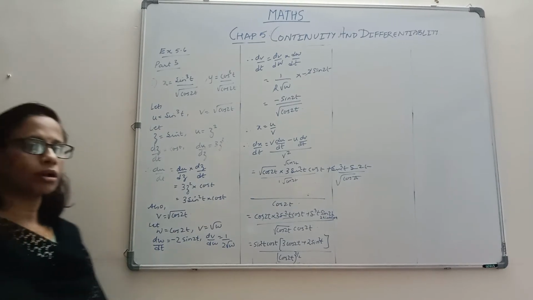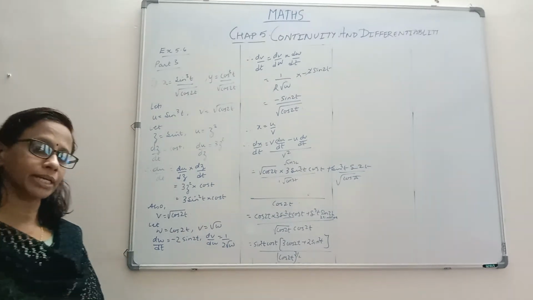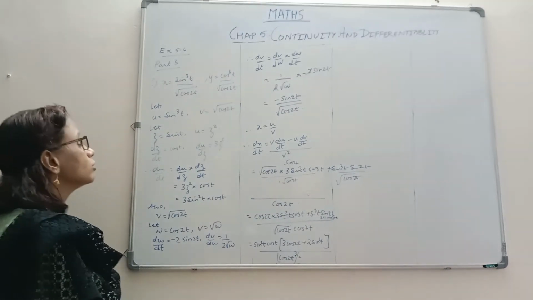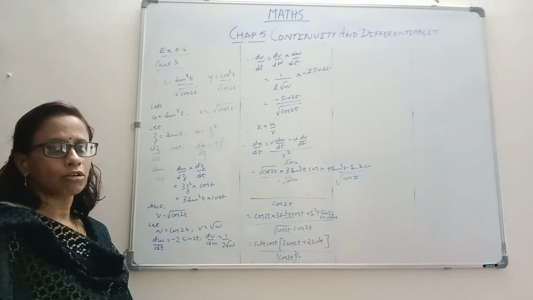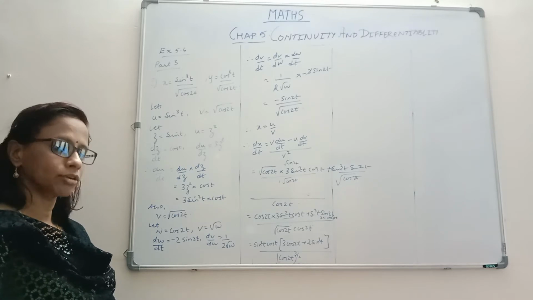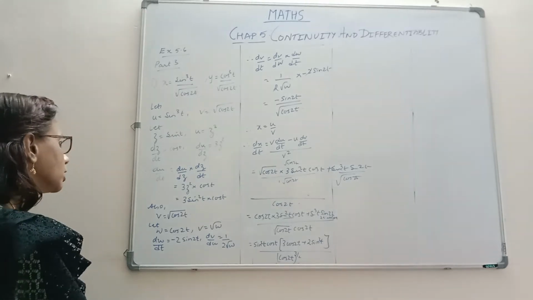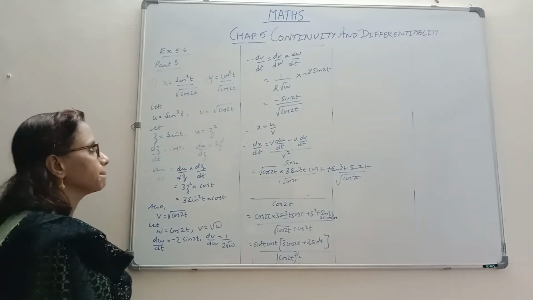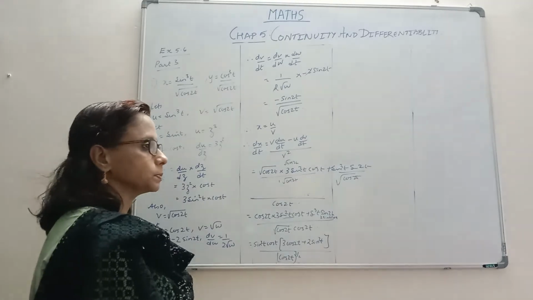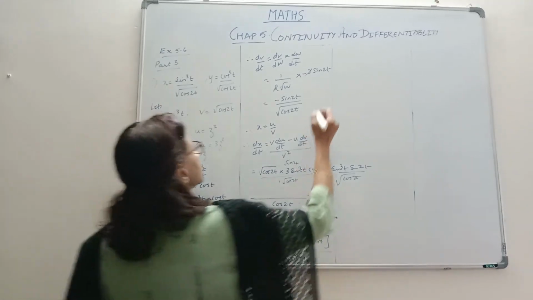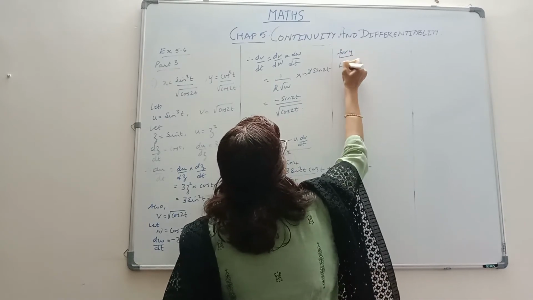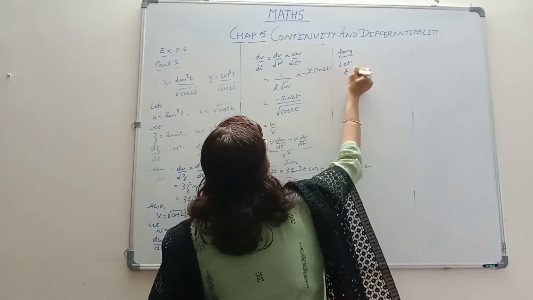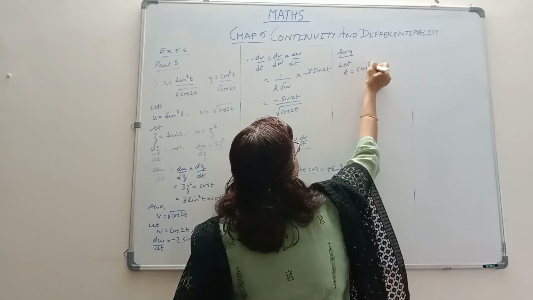Now we will move for y and try to get dy by dt. Now dy by dt also same way, you've got a numerator and a denominator. The denominator is already there, so we have to only check out for the numerator. For y, let t be equal to cos cube t, right?